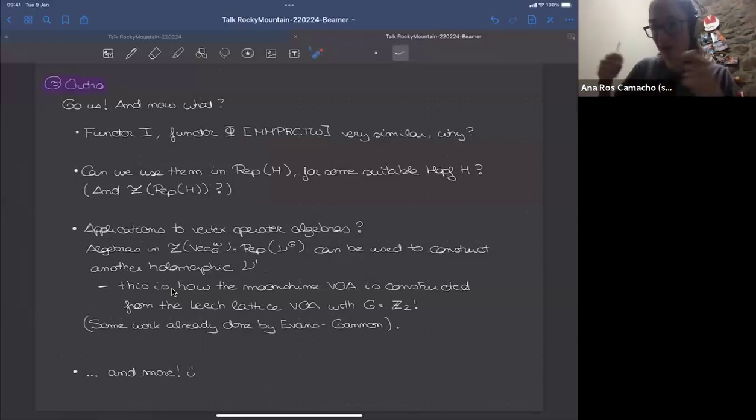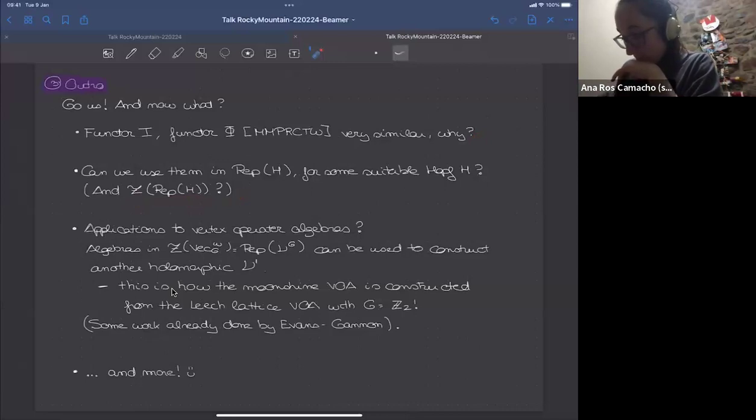How much can we stretch this? And if it fails, why? Again, can we use them in representation theory of Hopf algebras with suitable adjectives, and in other cases where not only the representation category but also the center matters, as we did before?